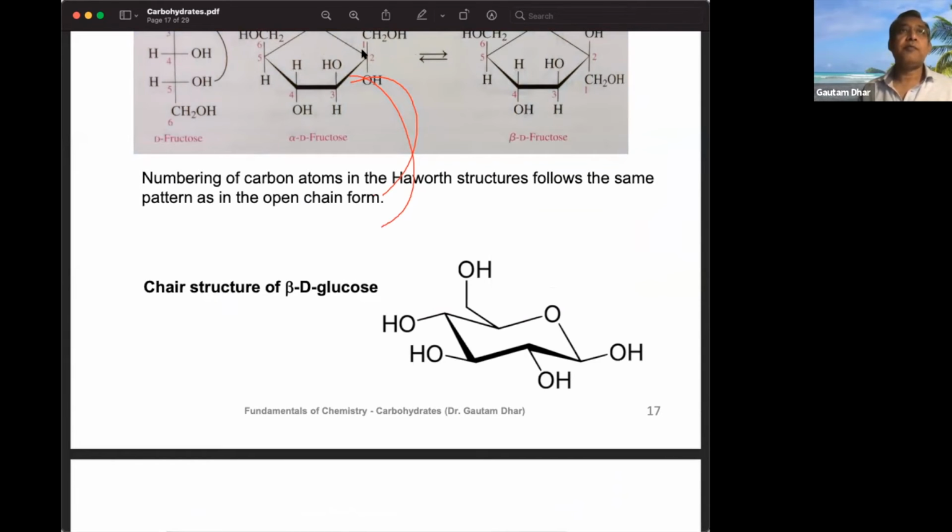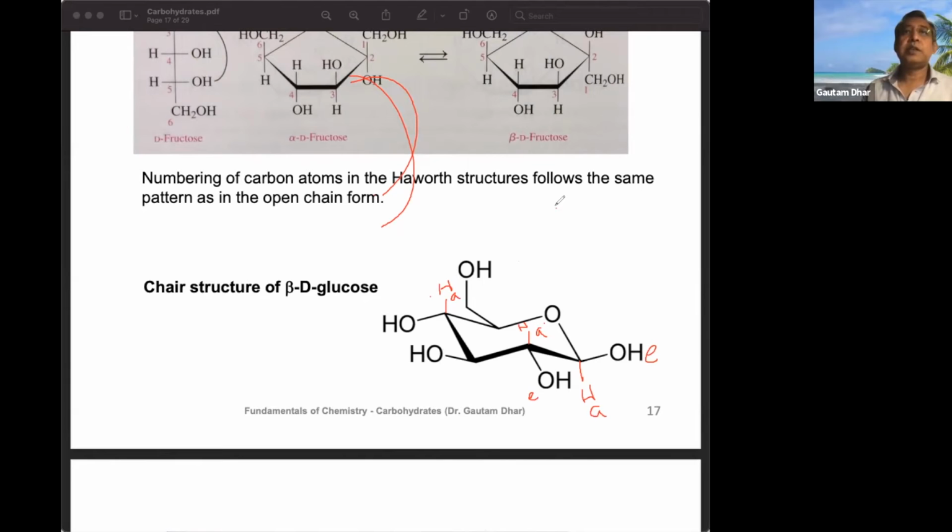There's a hydrogen here, and we call it axial position, and this is equatorial. Similarly, we have a hydrogen up here, and this is axial. Axial means pointing up, equatorial means pointing along the equator. Axial is pointing up always.